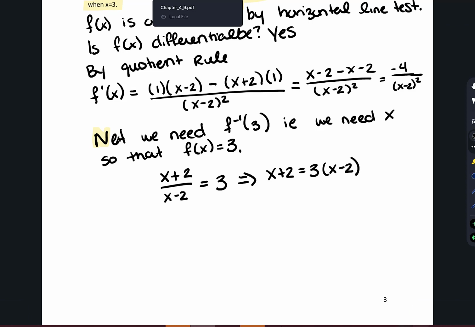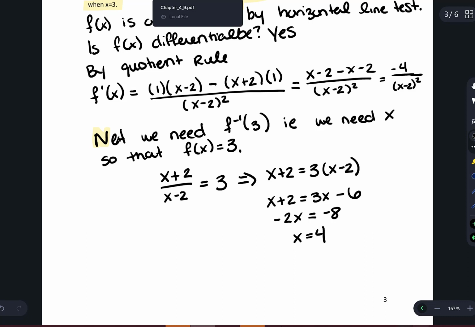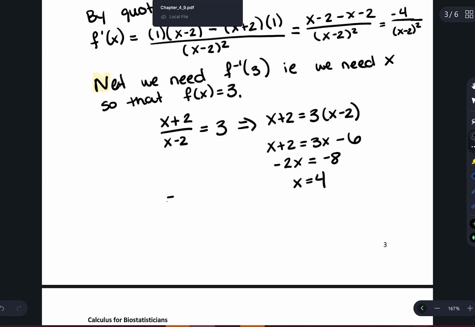And then multiplying through by 3, we have x plus 2 equals 3x minus 6. So moving the x's over to the left, everything else over to the right, we find that x is equal to 4. All right, so therefore, the inverse evaluated at 3 will be equal to 4.